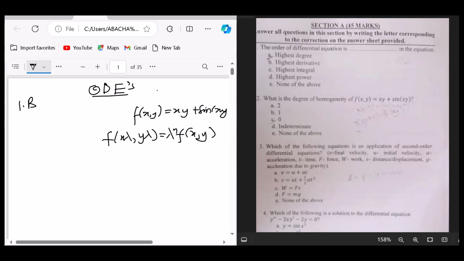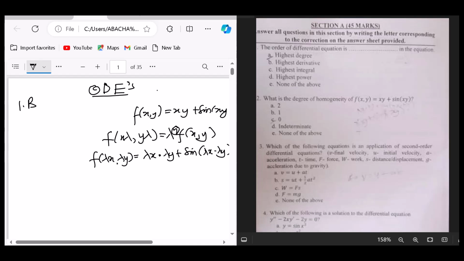If we know what this n is, then that will be the degree of homogeneity. So let's introduce lambda into our function. f of lambda x, lambda y will be equal to lambda x times lambda y plus sine of lambda x lambda y.